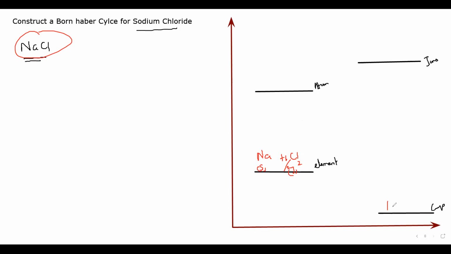Here we'll have the compound NaCl. Here we need sodium atom in a gaseous state, chlorine atom in a gaseous state, and at this point we need sodium ion and chloride ion. Is it clear till this point? Then I will show how it is done.